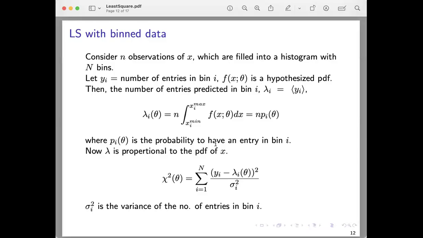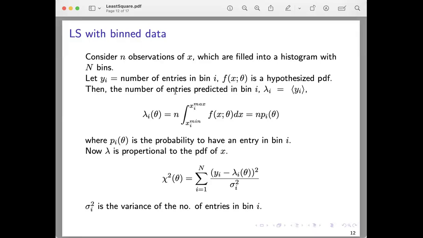You can consider again n observations of x which are filled into a histogram with N bins, and here the y_i's are treated as the number of entries in each bin, and f(x; theta) is your hypothesized PDF, which we expect will fit to this histogram.